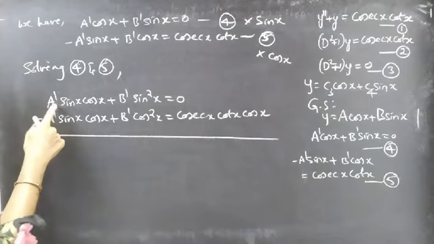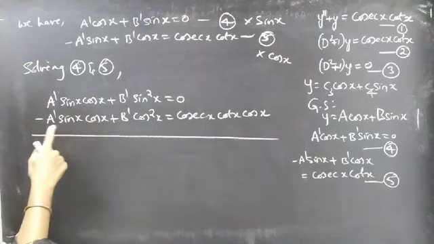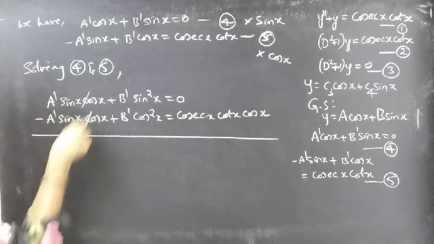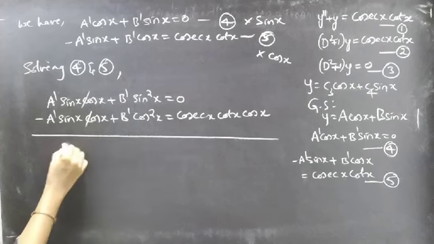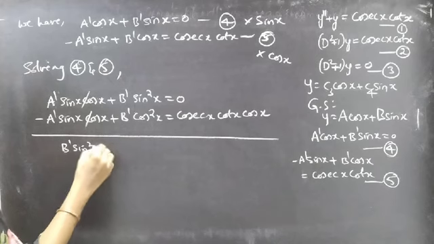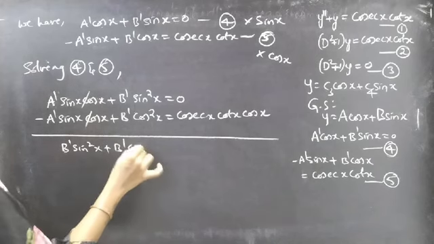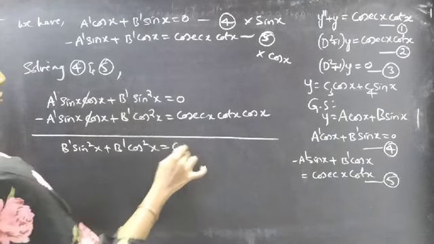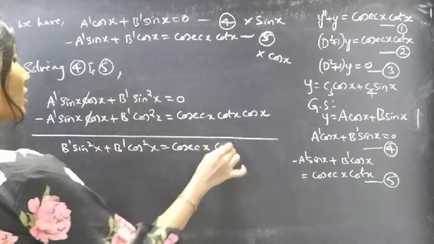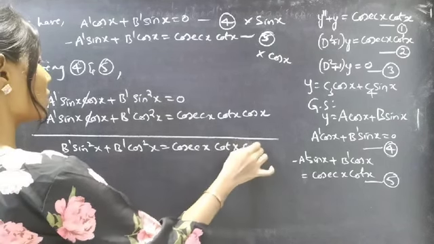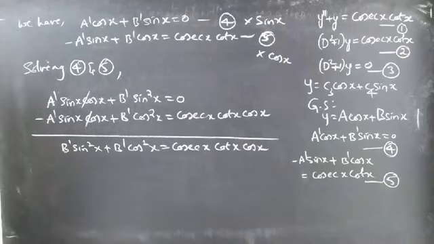So here plus a dash sin x cos x and minus a dash sin x cos x get cancelled, and we'll get b dash sin square x plus b dash cos square x equals cosecant x cot x into cos x.